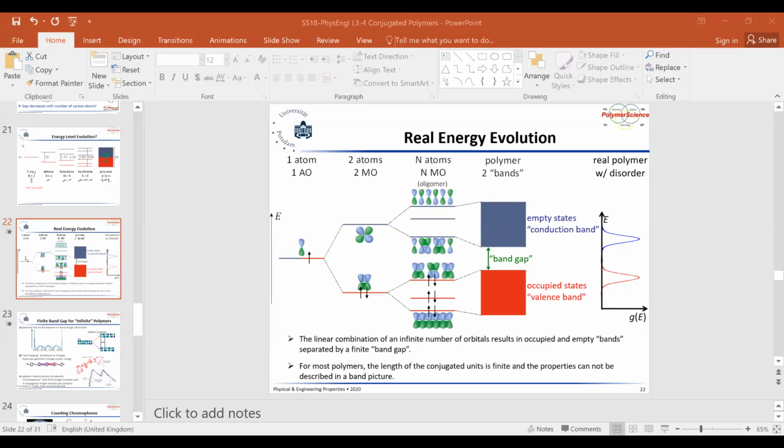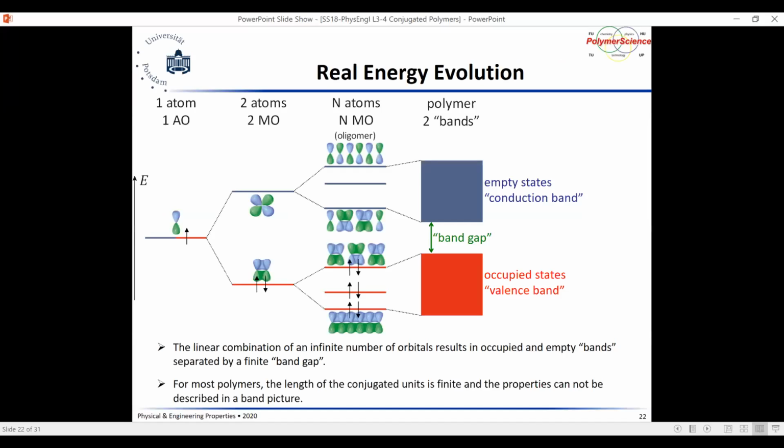As we said, conjugation is the alternation of double and single bonds on carbon atoms, and as the conjugation size increases, the band gap decreases and the density of states increases. You can see here that as we go from one atom to two atoms and essentially increase it to n atoms, or become a polymer, the band gap, the difference between the HOMO, the occupied state, and the LUMO, the empty state, decreases.